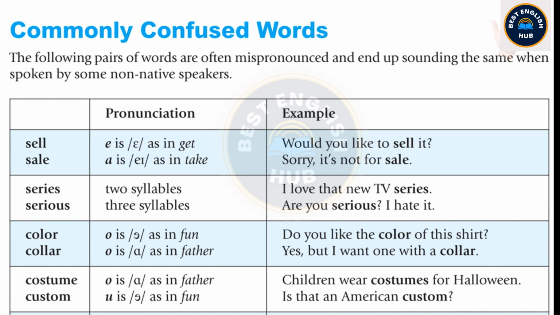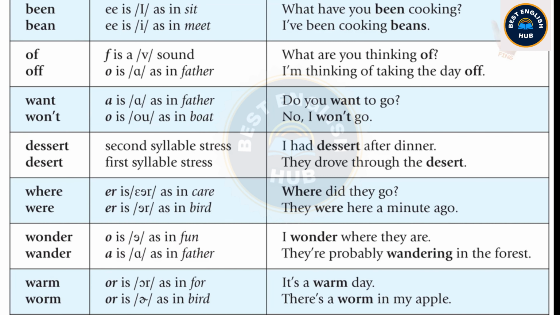Color, collar. Do you like the color of this shirt? Yes, but I want one with a collar. Costume, custom. Children wear costumes for Halloween. Is that an American custom? Bin, bean.